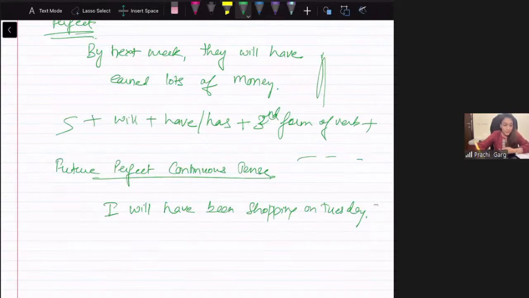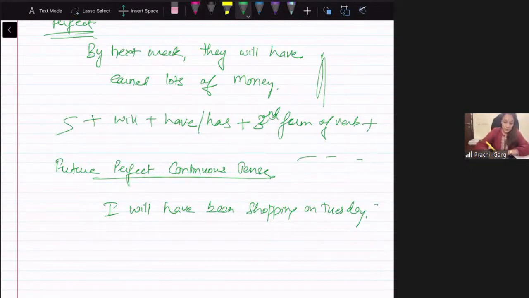So we're talking about an action that will take place in the future, but will not be complete for at least a certain period of time. I will have been shopping on Tuesday. So you see, it is an action that will happen in future, but will go on for a certain time period that nobody can predict.